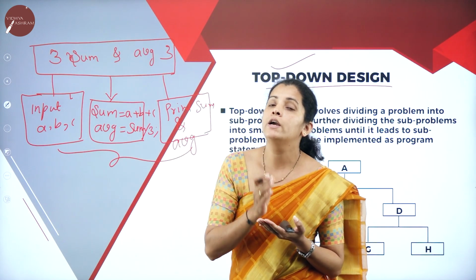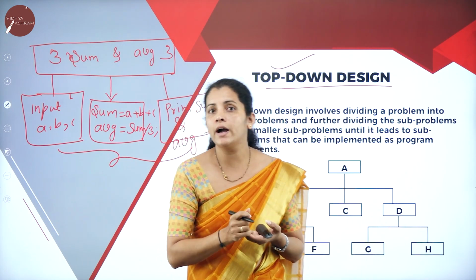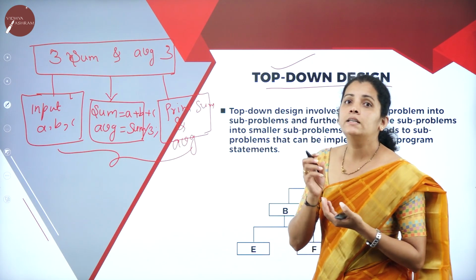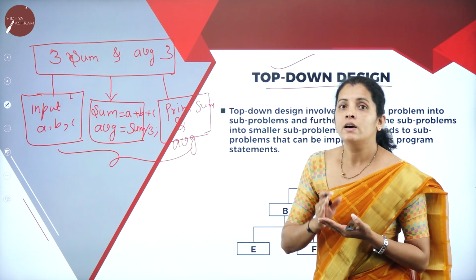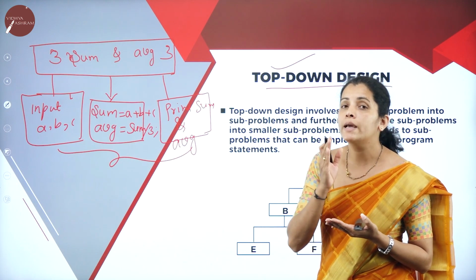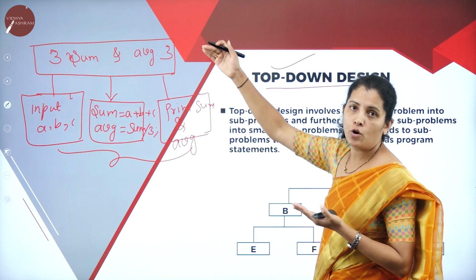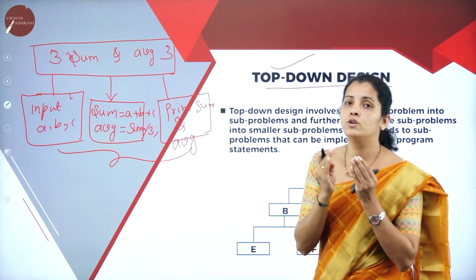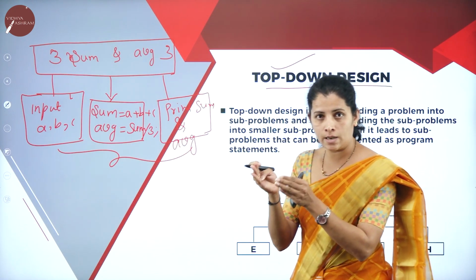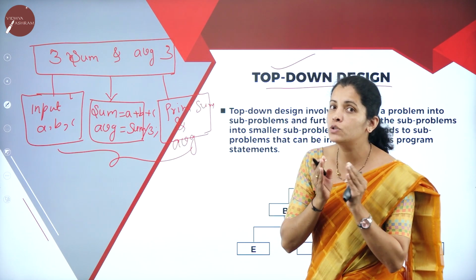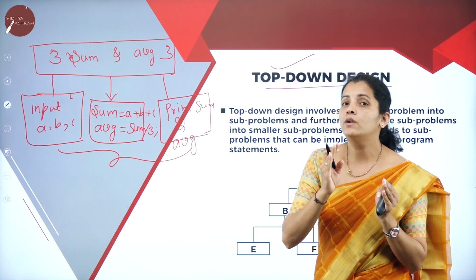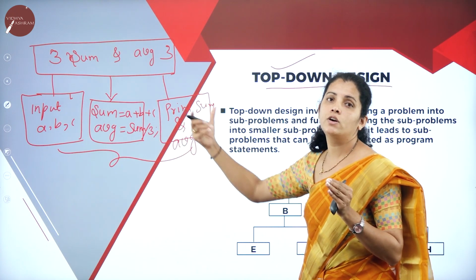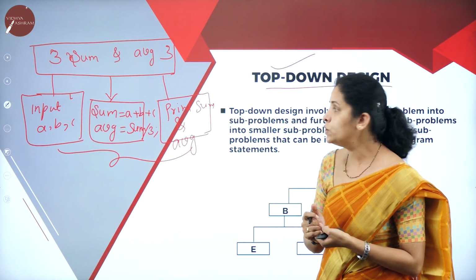This is the way you can simplify your complex problem. So it is step by step refinement or step by step decomposition. That means I'm going to divide the larger problem into smaller subgroups, find the solution, and at the end I'm going to club all the solutions together to get my final solution.